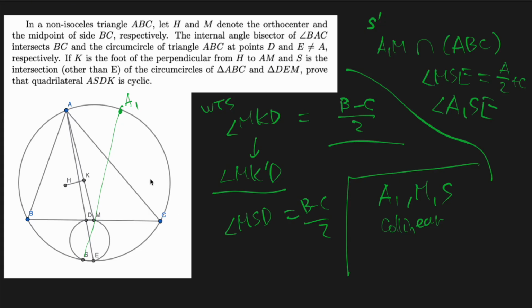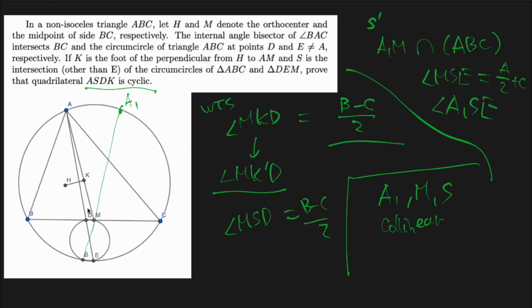So the takeaways here, well, to prove that something is cyclic or concyclic, we essentially just have to do angle chasing with the angles of the 4 points. For example, this time we proved that the opposite angles add up to 180 degrees. So there's not that much special about that.